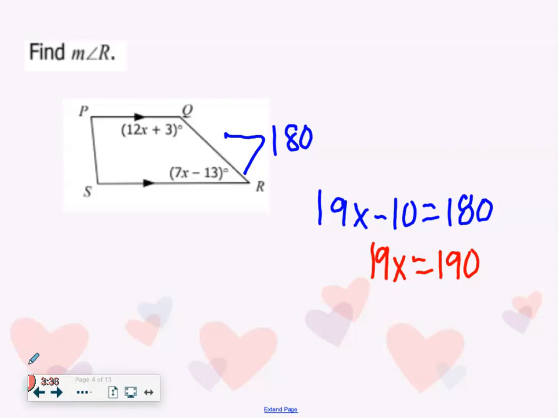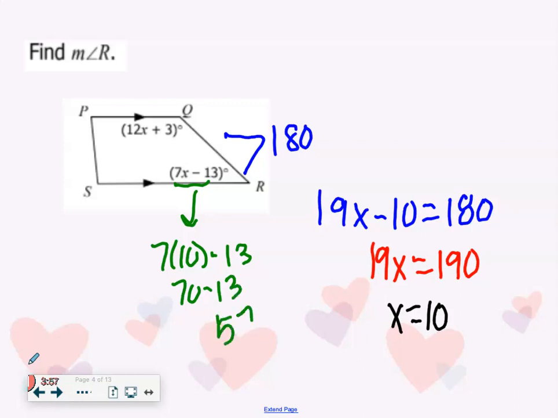X equals 10. Thank you, sir. You guys agree? All right. But now we've got to plug in for R. 50. So 70 minus 13 is indeed 57.